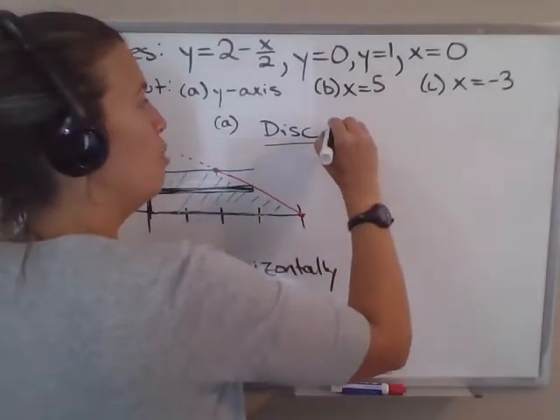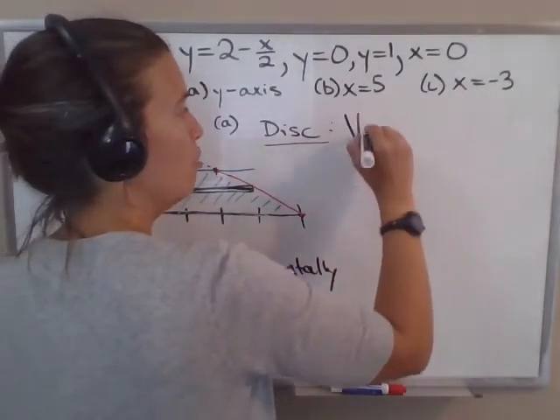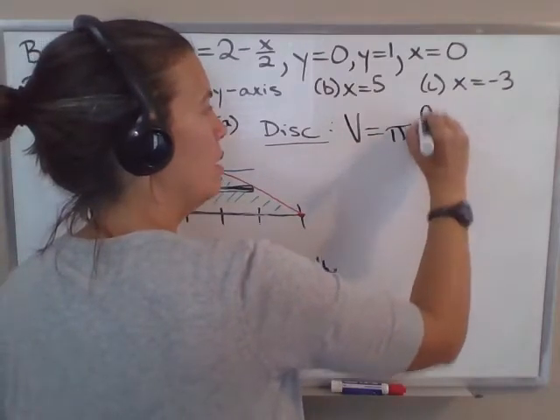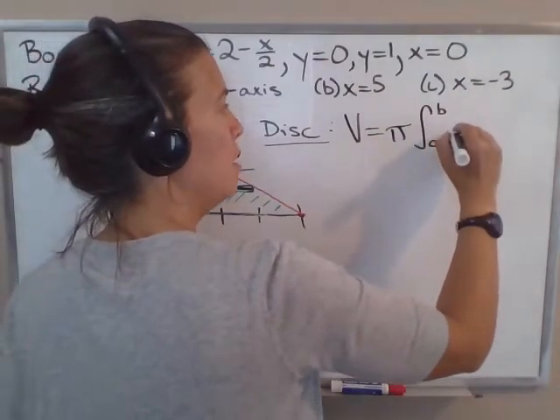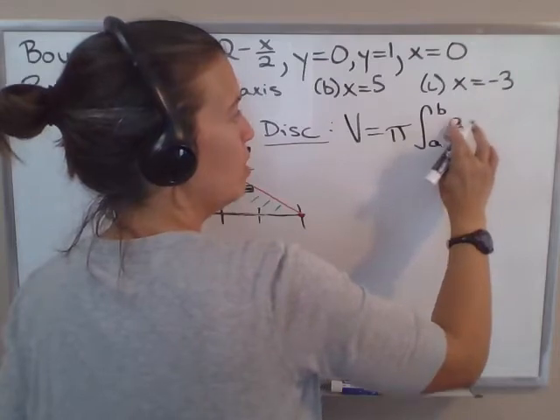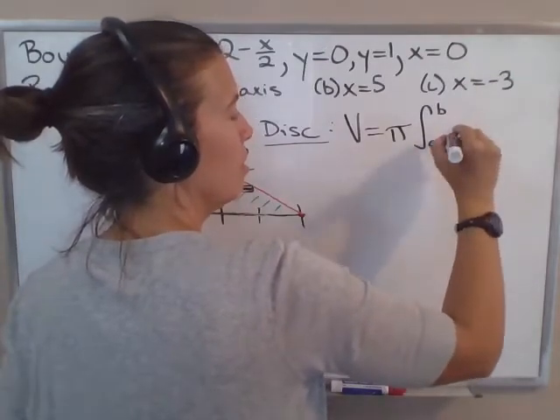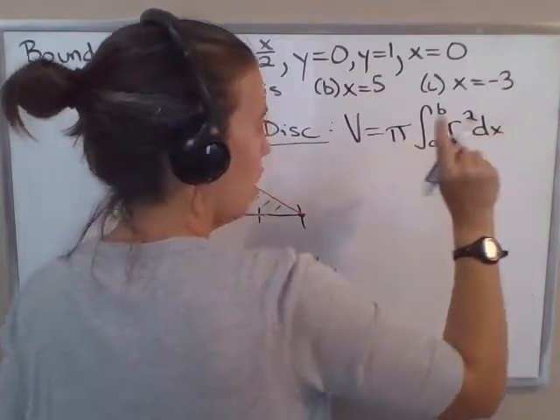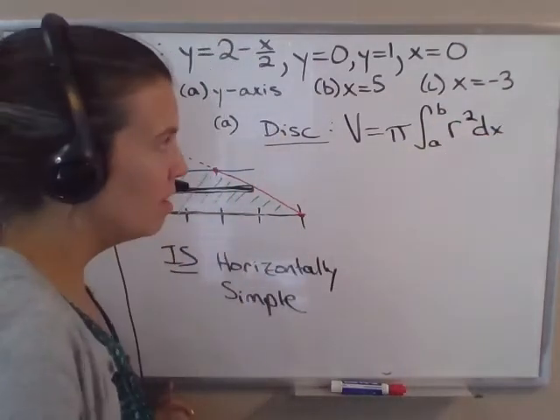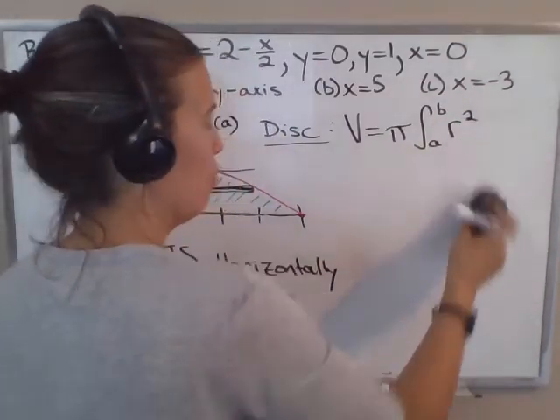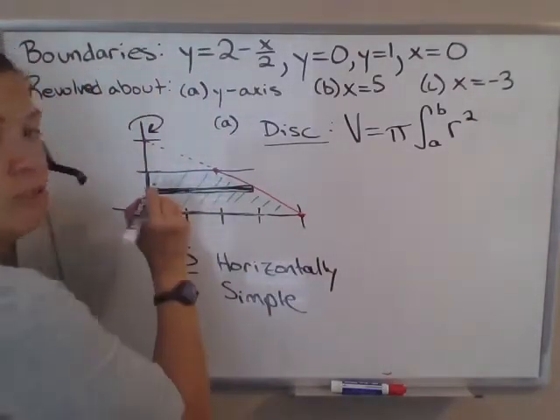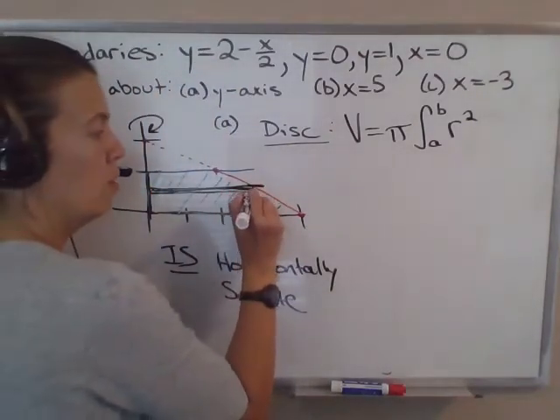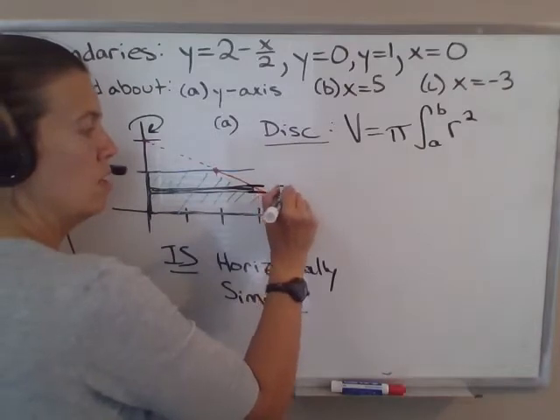Okay, so formula when you use disk method. Volume equals pi times the integral from a to b of the radius. We could use capital R or lowercase r. I just used lowercase r squared. Oops, and I wrote dx, but this is something you need to be careful of. It's not actually dx. When you use a horizontal rectangle, the width of our rectangle is dy.